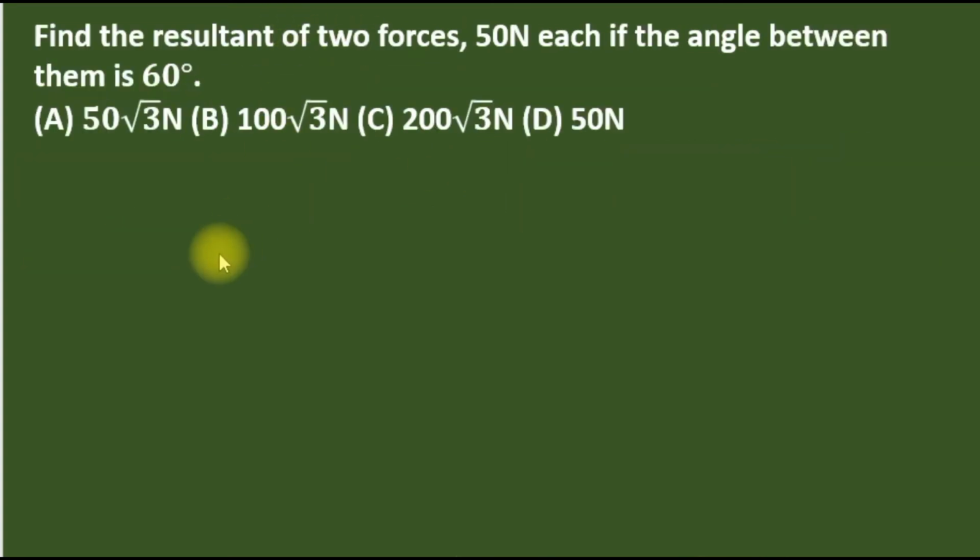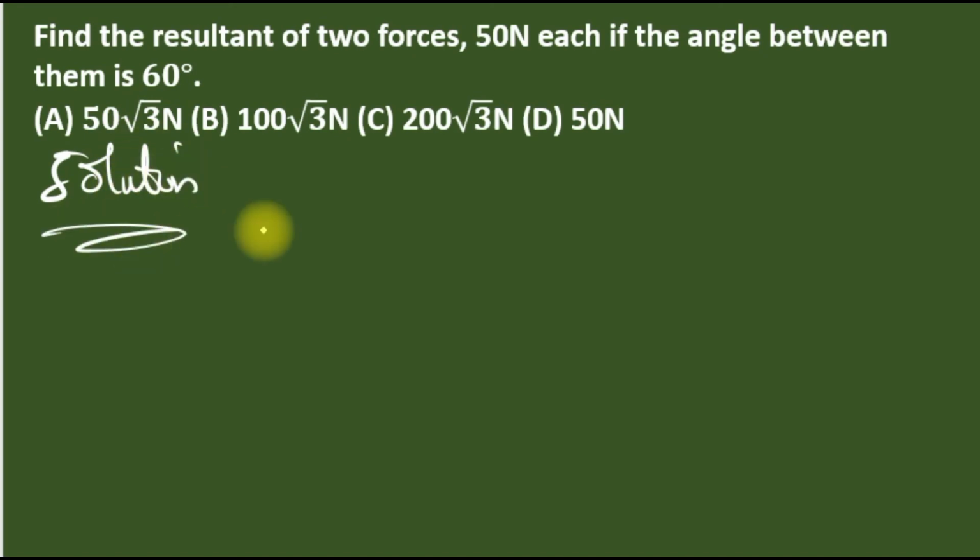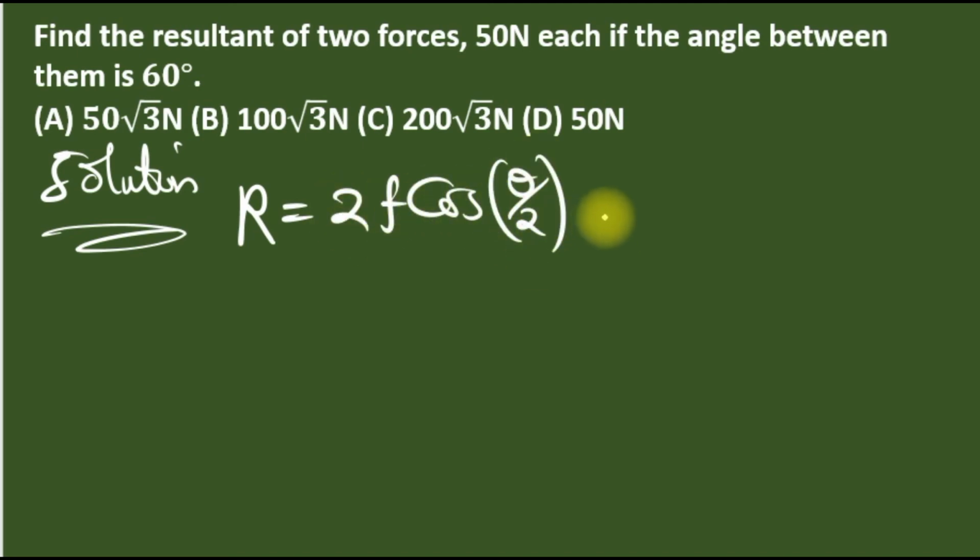Example now: if you are asked to find the resultant of two forces of 15 Newton each if the angle between them is 60, without wasting time, I told you the resultant if the two forces are equal is 2F cos half theta. Whenever the forces are equal, that's the formula.